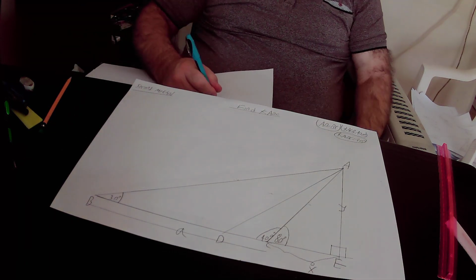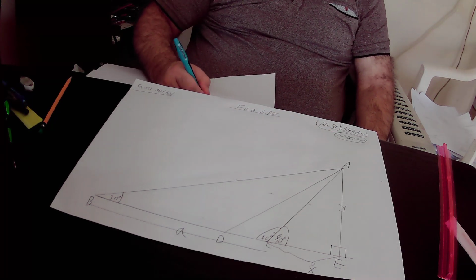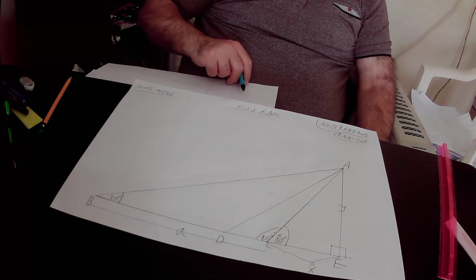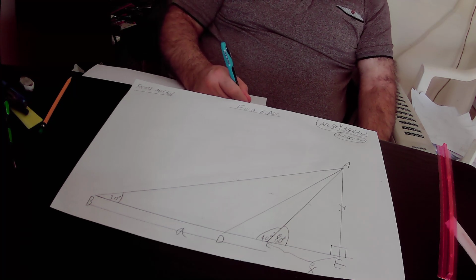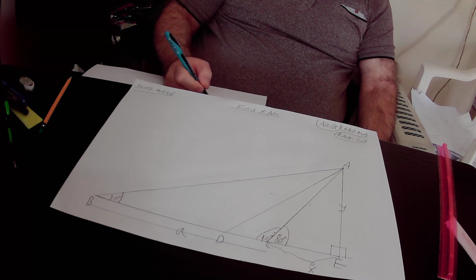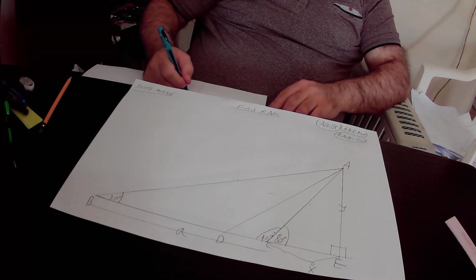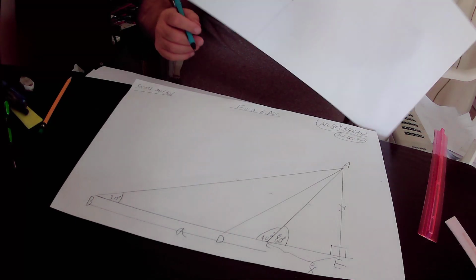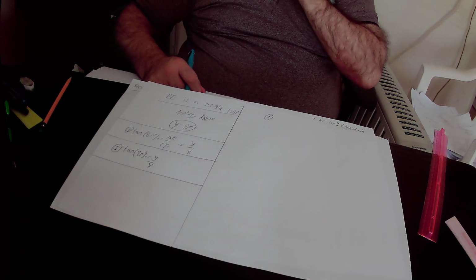But according to our definition, AE equals Y and CE equals X. So in conclusion, according to equation number 1, tangent 80 degrees equals Y over X.